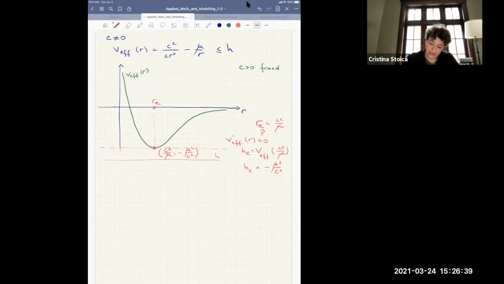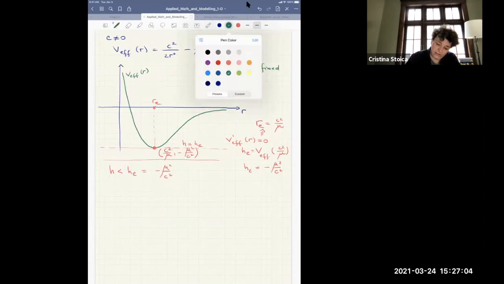So this is H less than HE, which is minus mu squared over C squared, whereas this here is H equals HE. And now I'm going up with the energy. Let's say we put it a little bit more. Let's change the color, so let's have a little blue one.